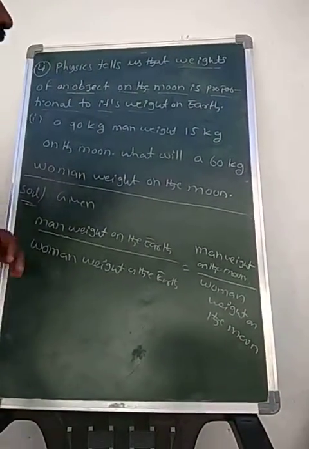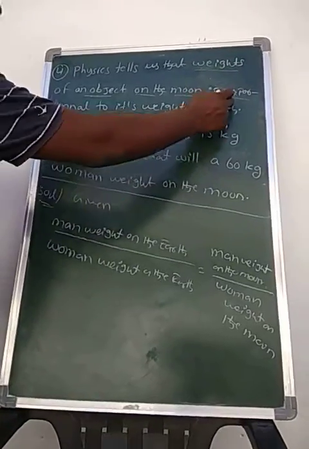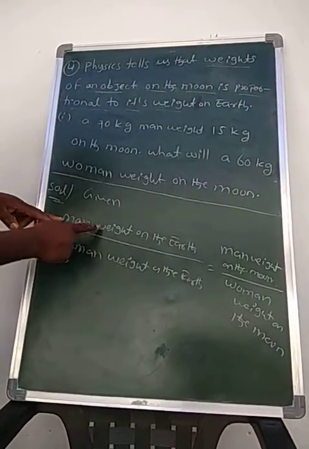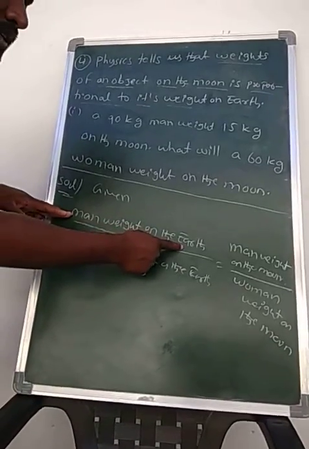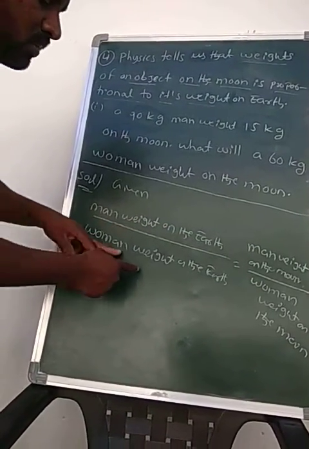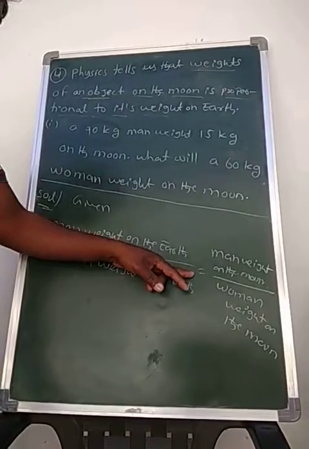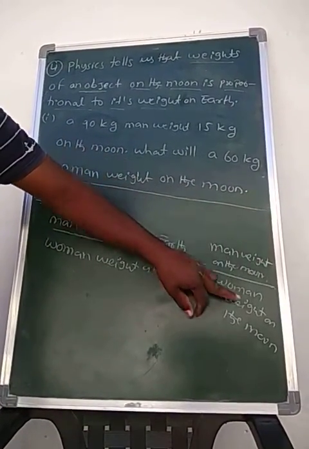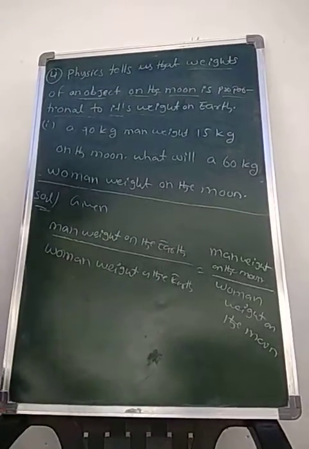Okay students? According to the given data, they are proportional. So what I have written: man weight on the earth by woman weight on the earth is equal to man weight on the moon by woman weight on the moon. Okay.